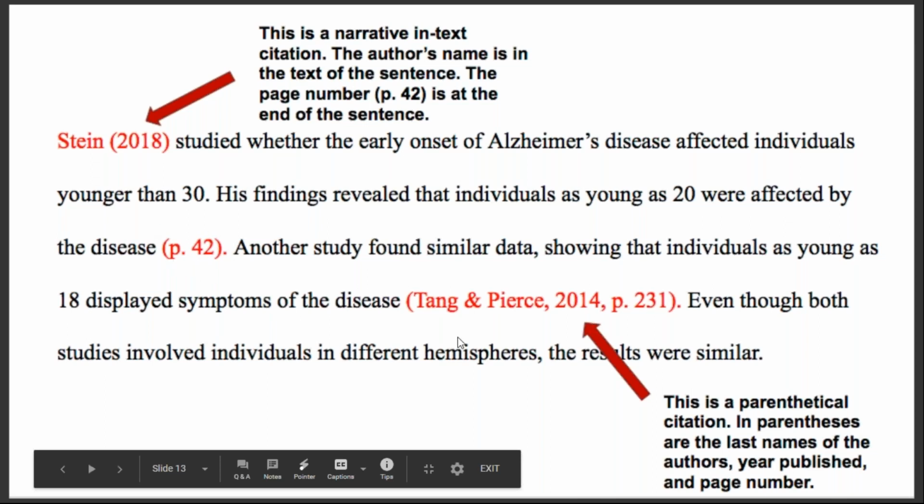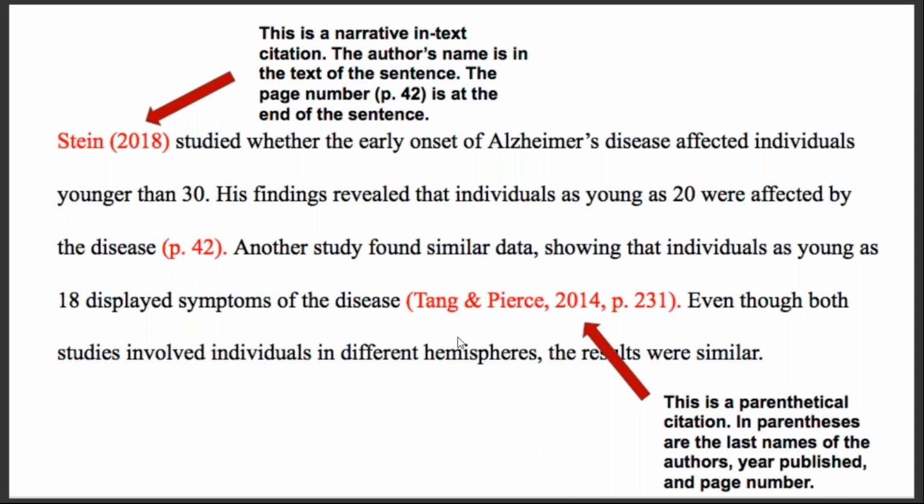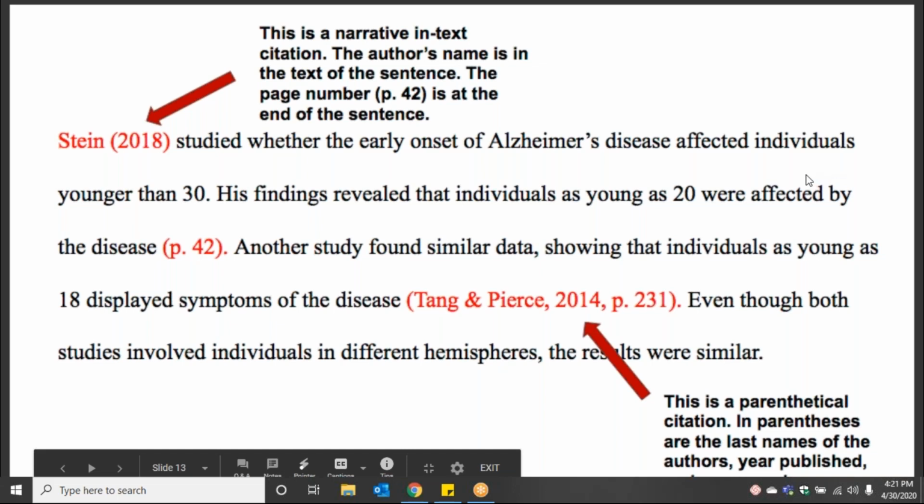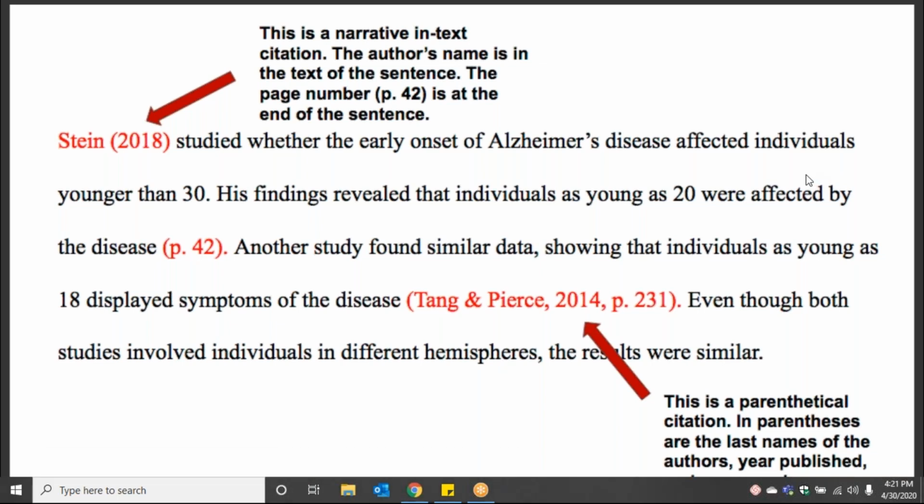I don't count off if you use a page number for a paraphrase. How do we know that this is a paraphrase and not a direct quotation? You can type it in the chat box. I'm going to quiz you. There are no quotation marks.